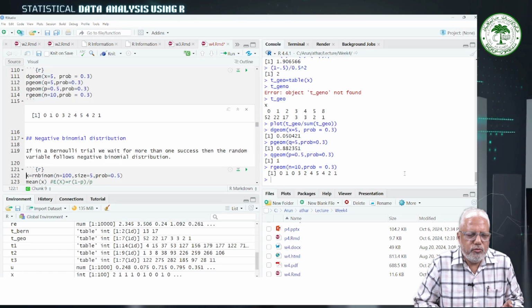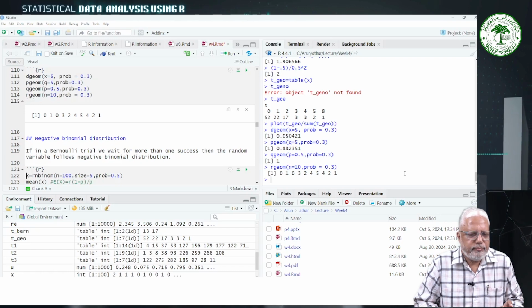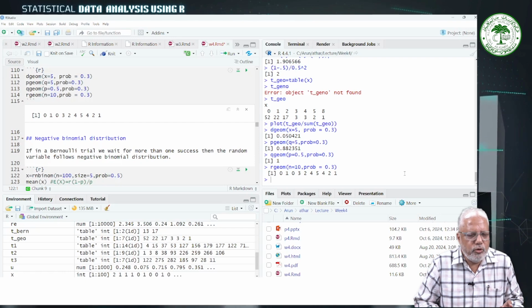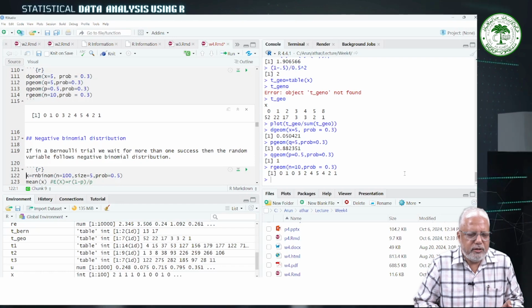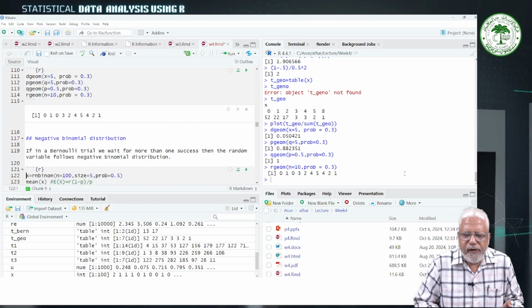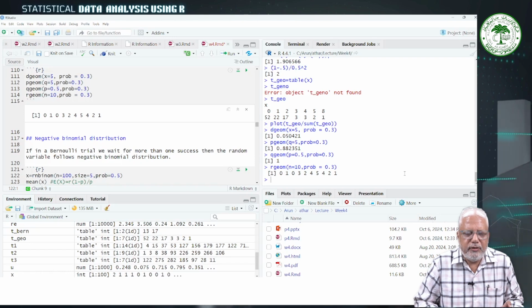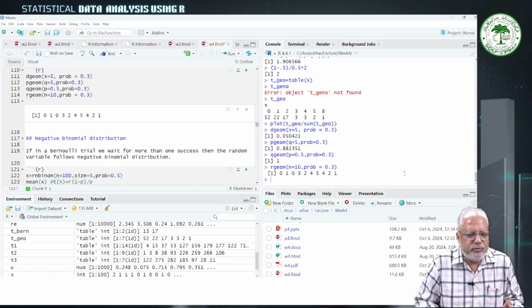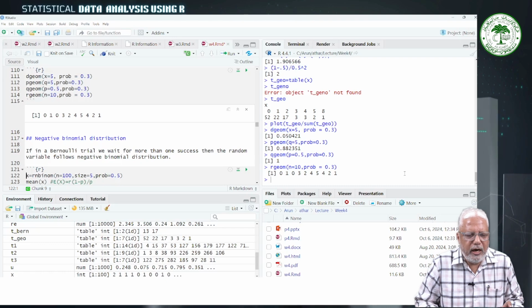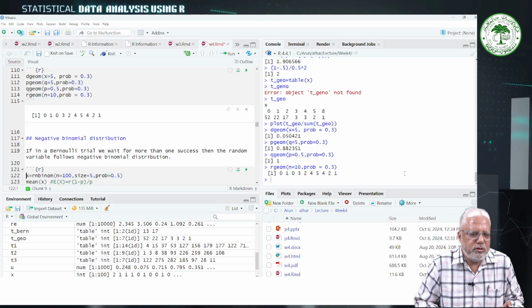We count the number of failures before getting r successes. If r is equal to 1, it becomes the geometric distribution. If r is greater than 1, it becomes the negative binomial distribution.